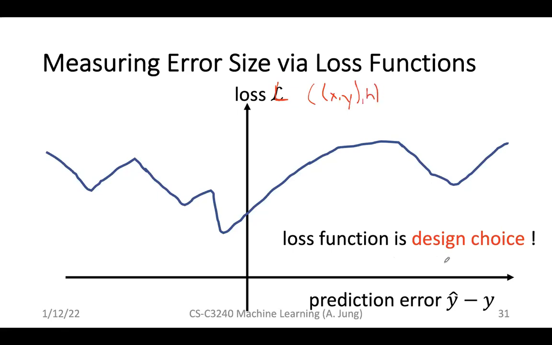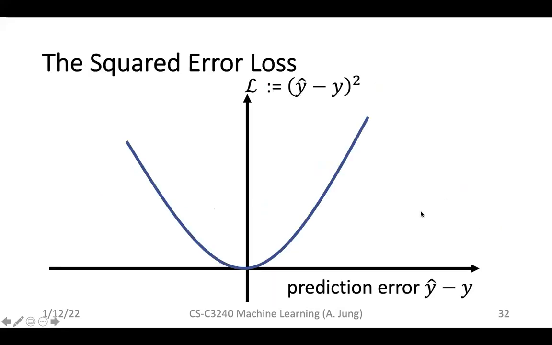In particular, it might only depend on the prediction error, where this Y hat is the output of the hypothesis map. But there are also loss functions that cannot be written as a function only of this error. In particular, the logistic loss that you will see next week depends in a more complicated way on the hypothesis. So it's not always possible to write the loss function directly as a function of the prediction error. However, for those which I will now discuss, it is possible.